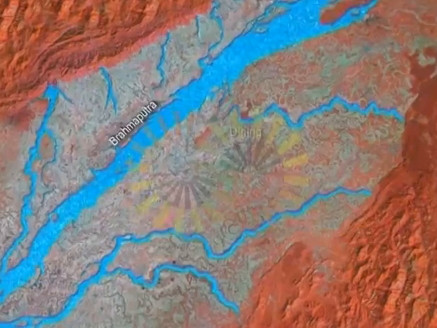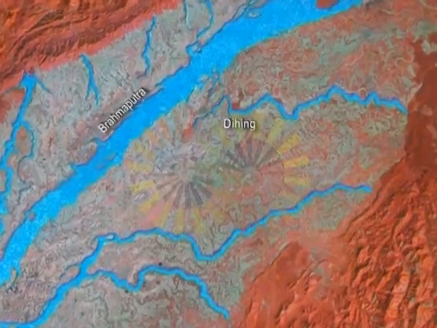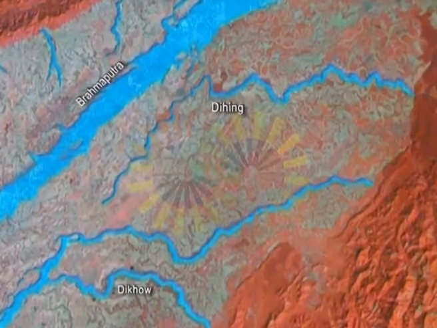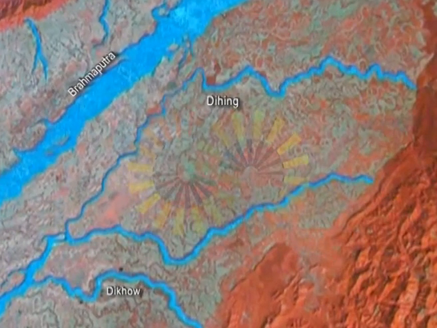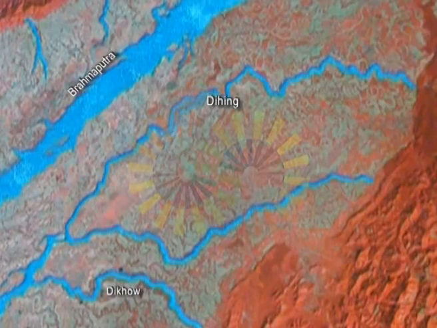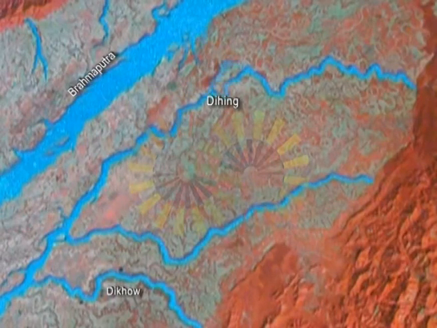It is believed that the initial process of island formation began in the 13th century AD, following major changes in the volatile river delta system. A hitherto dead channel of the Dihing was resuscitated, diverting the major part of its flow towards the Dikau. Gradually, the original confluence between the Dihing and Brahmaputra became dormant.